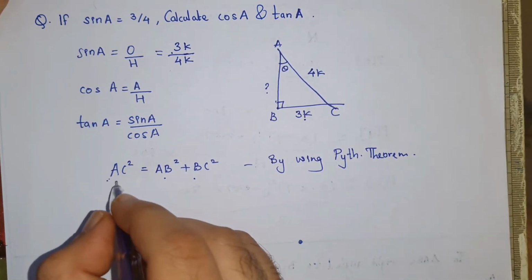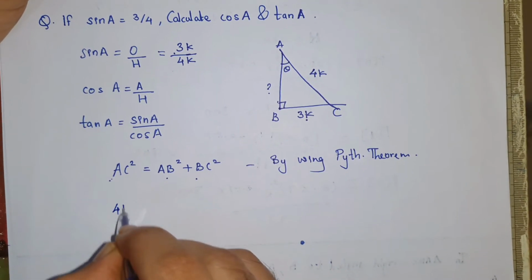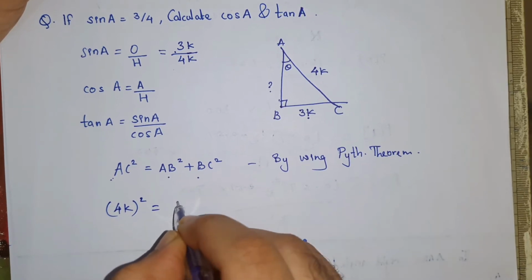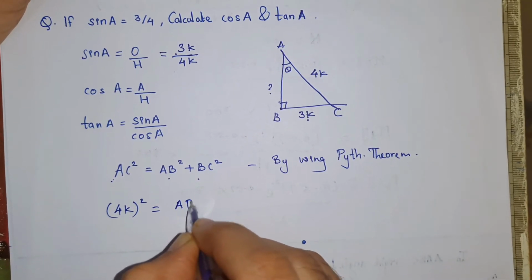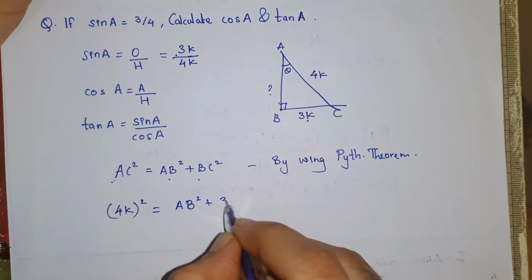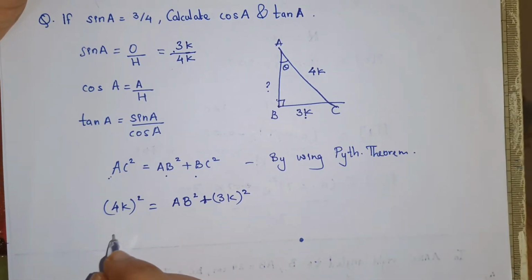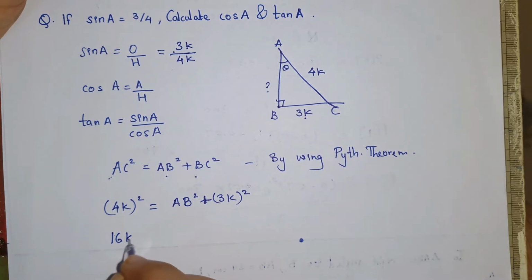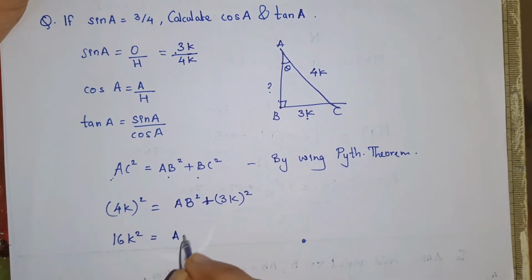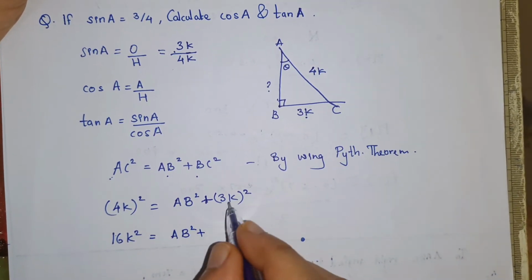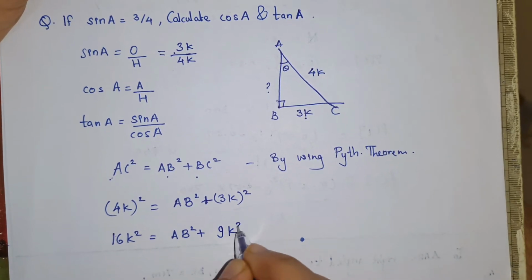Now AC square means (4k) square is equal to AB, we have to find, plus BC, that is (3k) square. Now (4k) square is 16k square is equal to AB square plus (3k) square, that is 9k square.